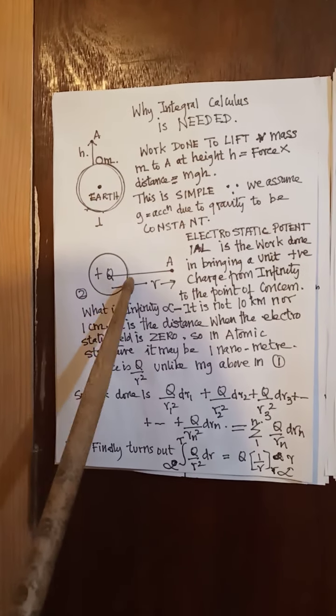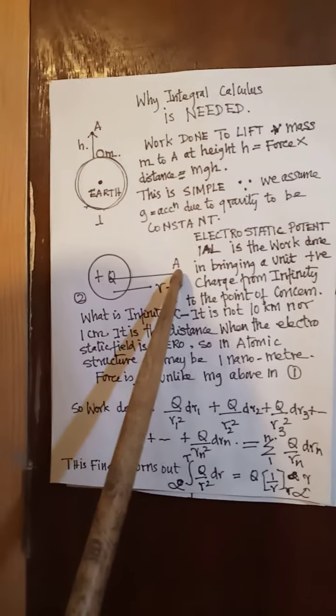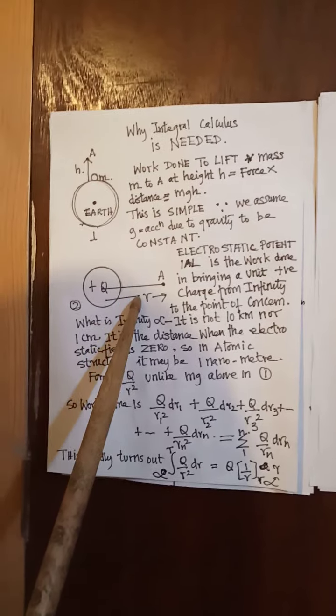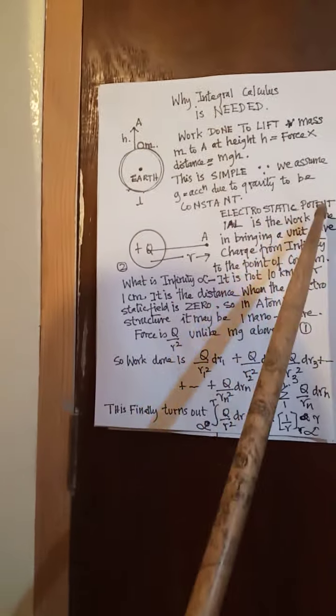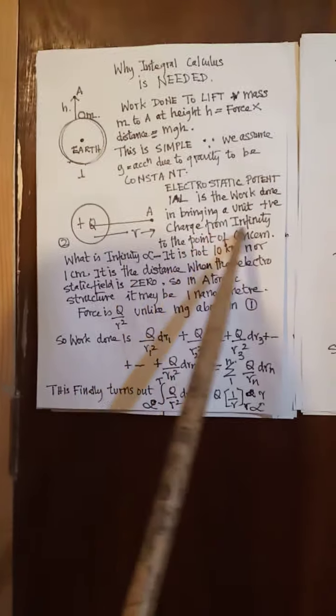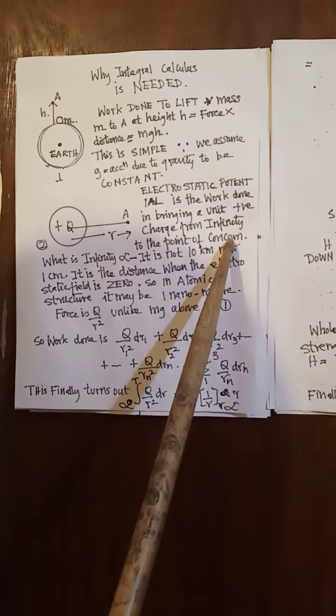How to do that? We need to know the force. So the force is Q into 1, because 1 is the unit charge, divided by r square. See, this is the definition of electrostatic potential. It is the work done in bringing a unit positive charge from infinity to the point of concern.